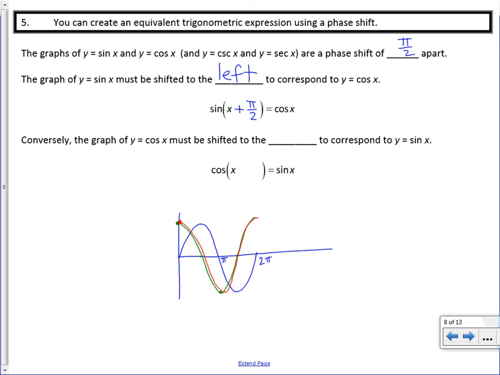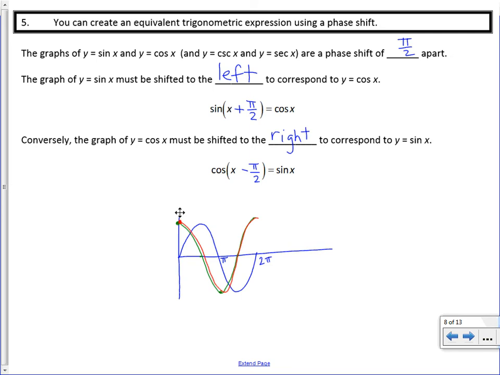Whereas if I want to shift cosine onto sine, I'm going to shift right, and therefore it would be, well, the shift is positive, but in the formula it's x minus pi over 2. So if I see x plus pi over 2 inside, I can say sine of that is equal to cosine of just x, or cos of x minus pi over 2 is sine.